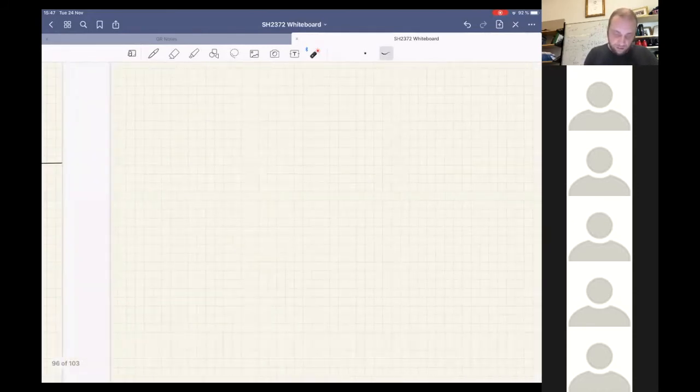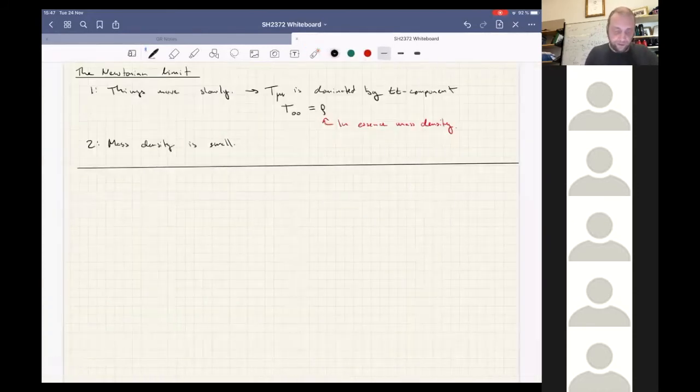So let's insert that here. The 0,0 component of the Einstein field equations becomes the following. We have the 0,0 component of h bar.